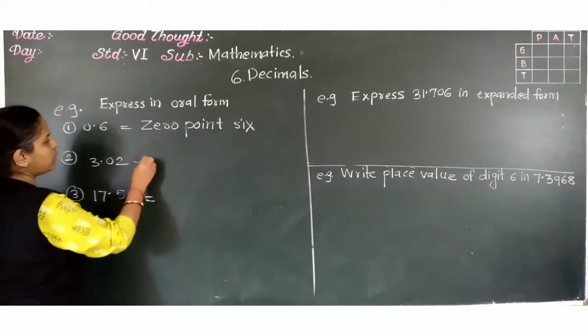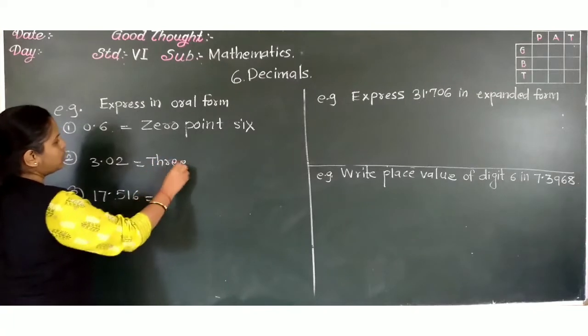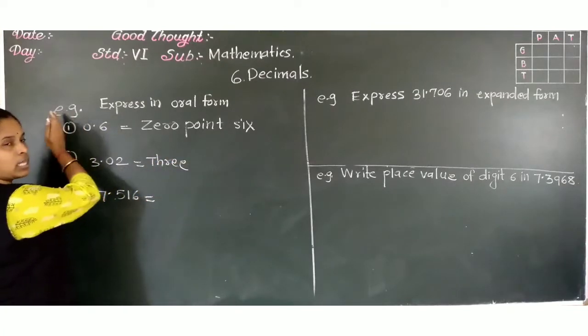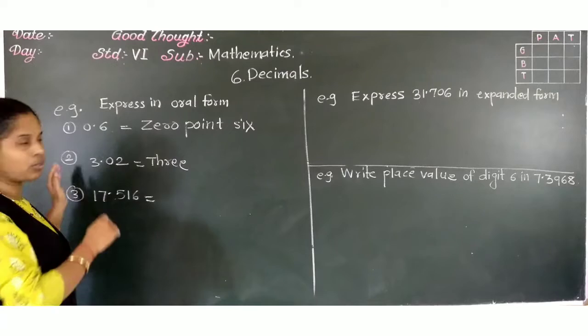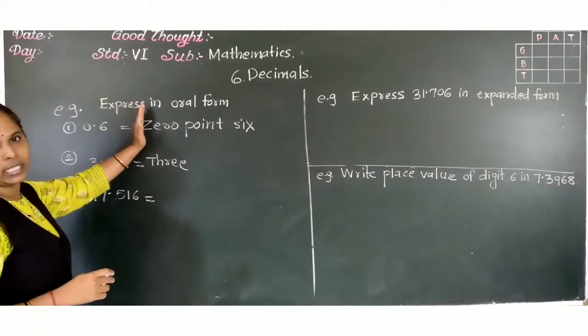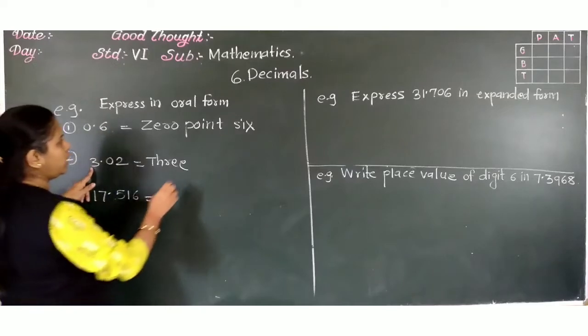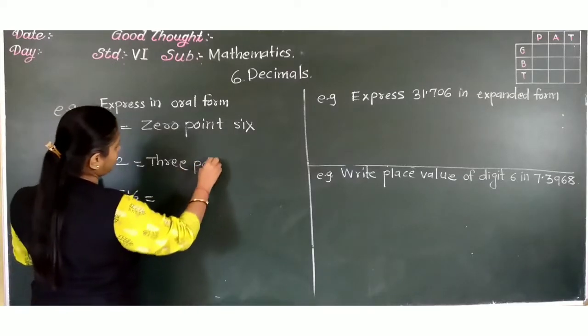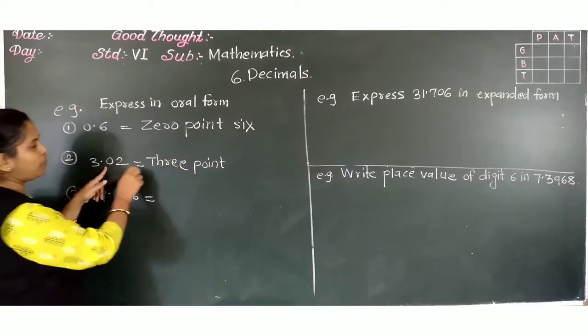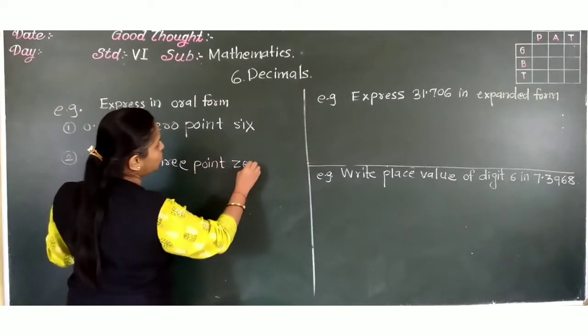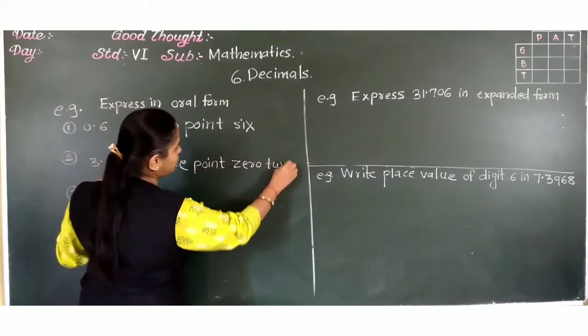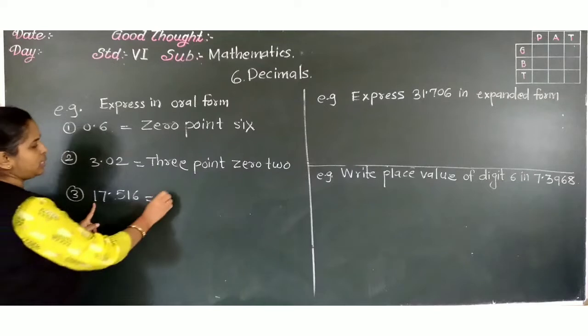Before the decimal is considered the whole part, and this is the decimal part. So 3 is the whole part. So 3 point, and then we read separately 0, 2.